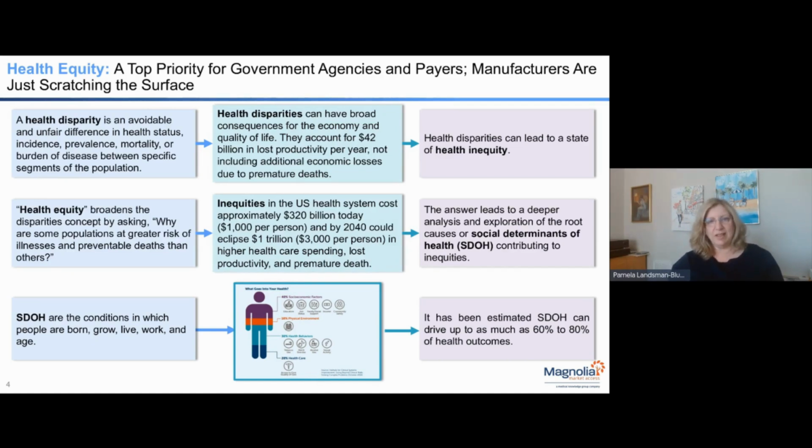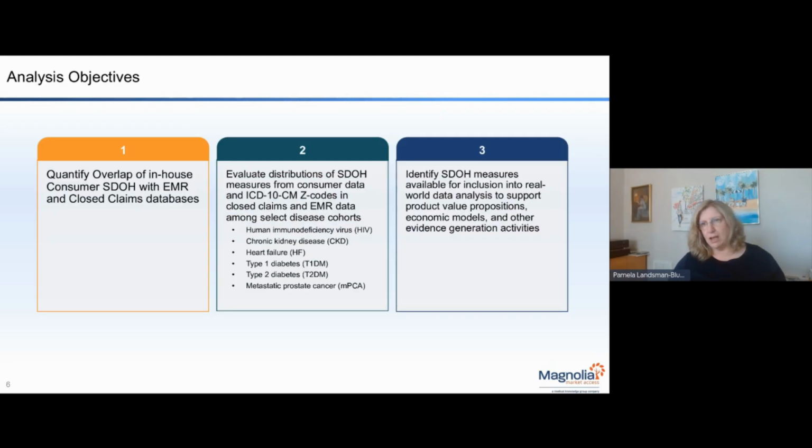So currently, for those of us working in epidemiology, HEOR, and health services research, what we are explaining is only a fraction of what is driving health outcomes in different populations of patients.